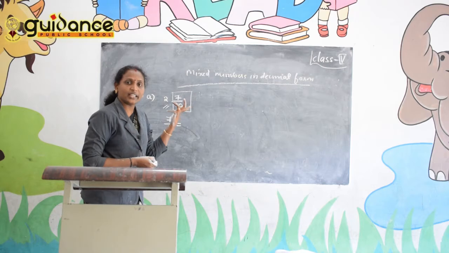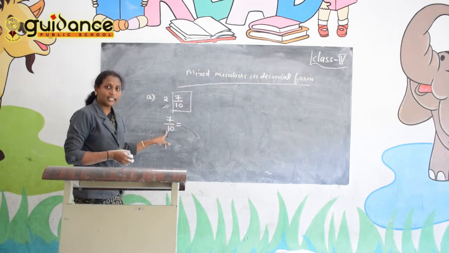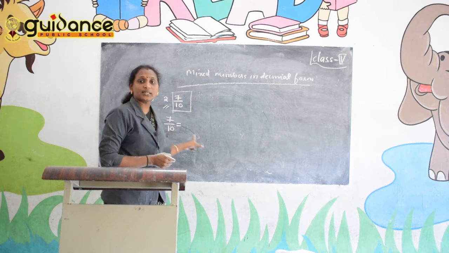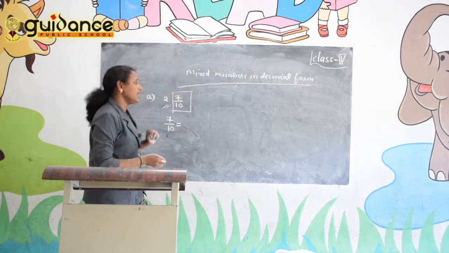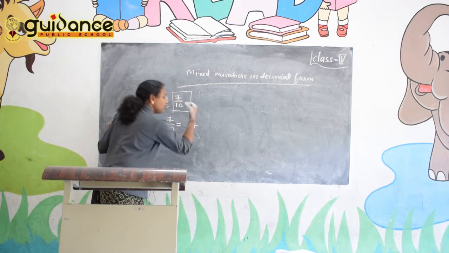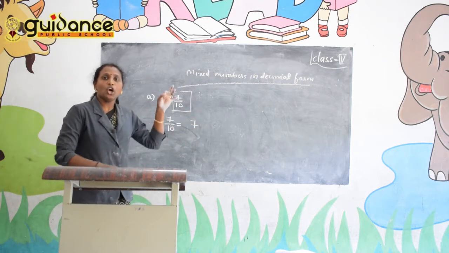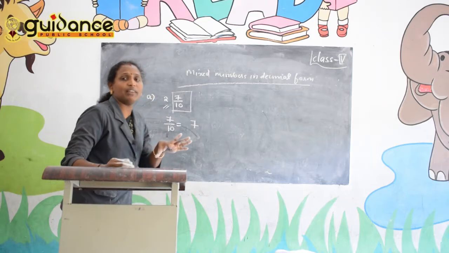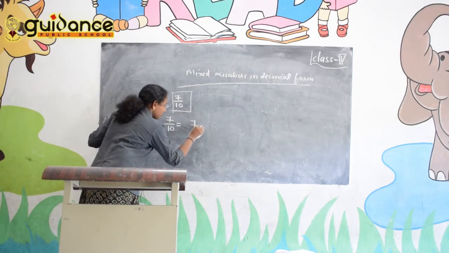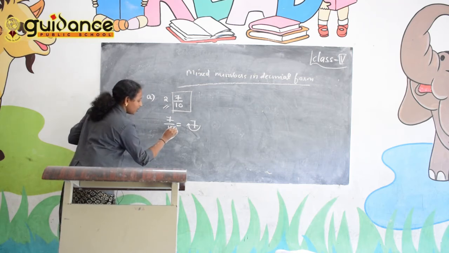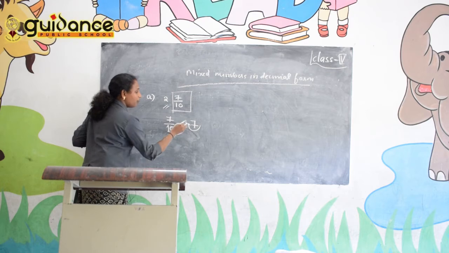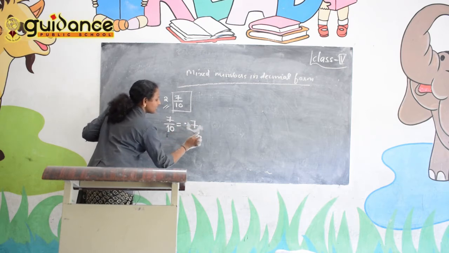The denominator is 10, which has only one 0. First we write the numerator 7. The denominator has only one 0, so we move one place and put the point. What is our answer?